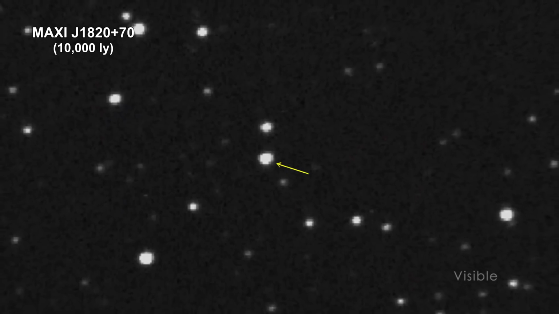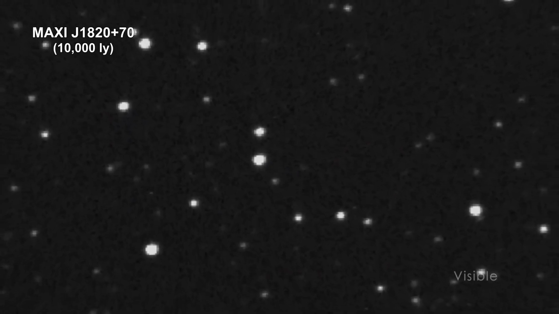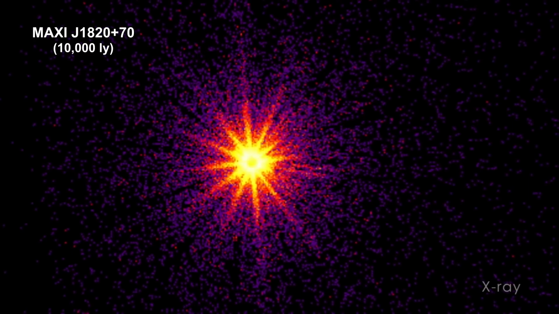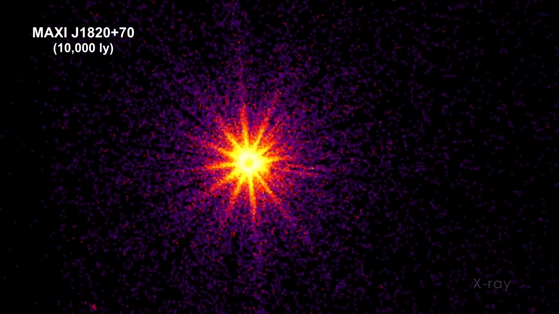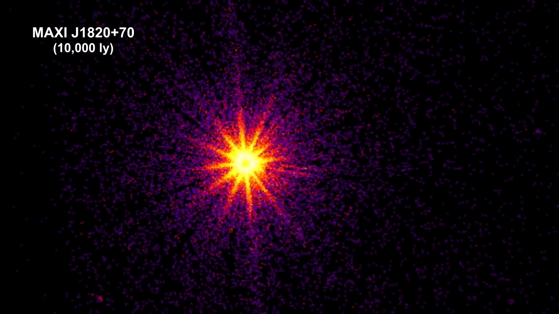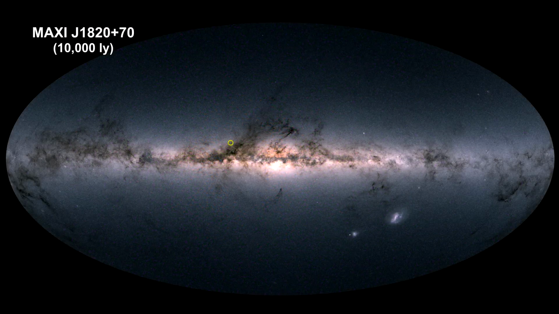In March 2018, the Japanese instrument MAXI aboard the International Space Station recorded an extremely strong X-ray outburst. NASA's NICER neutron star instrument, also on the space station, focused on the outburst for days and watched it fade.